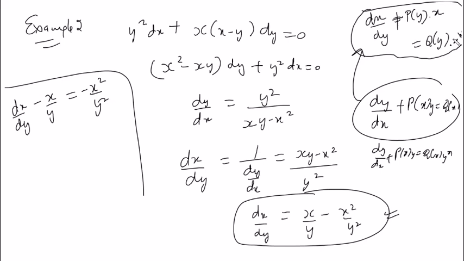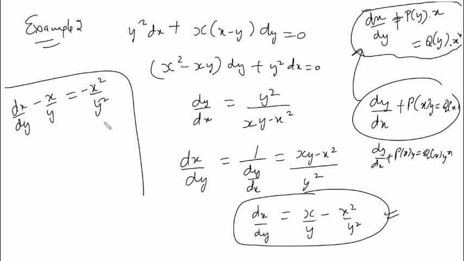Okay, this is a clever trick. This you will not find in books. Not every author will give you these kind of questions where we can use this trick. So that's why I'm telling you to look at it carefully. Just swap the role of x and y. Okay, now you compare with this one.